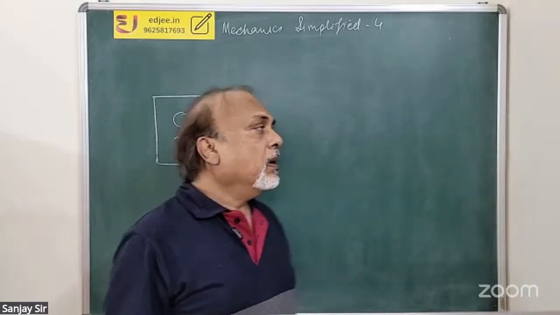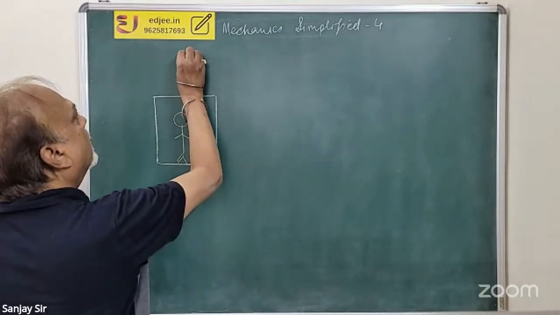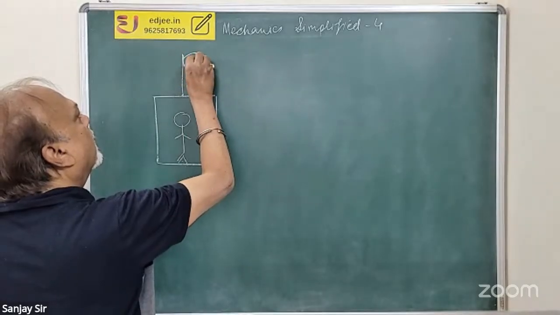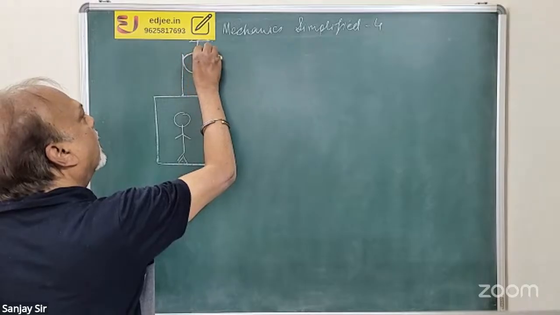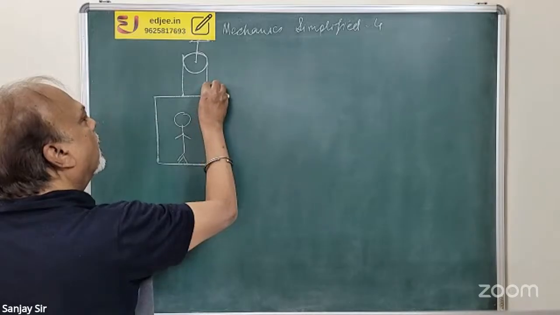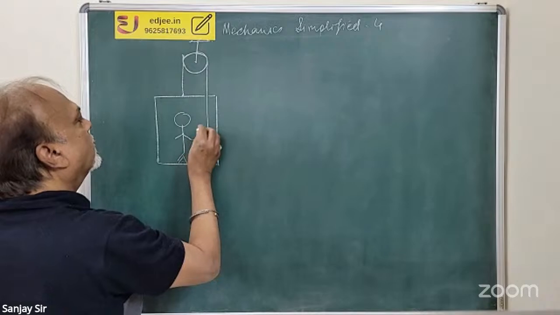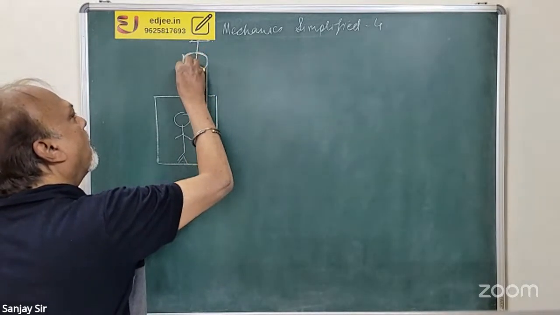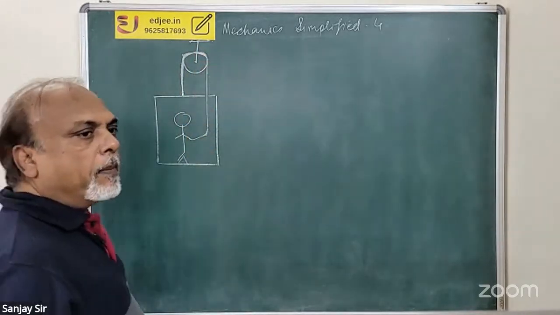Correct? This trolley is fastened to a pulley, and there is a hole. And he is holding this. Correct?